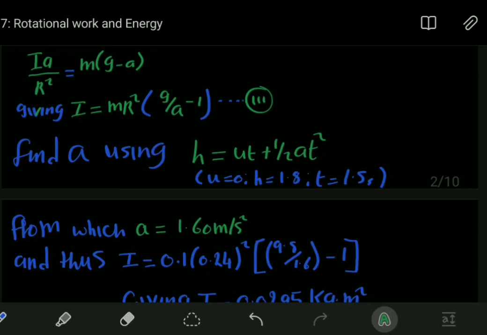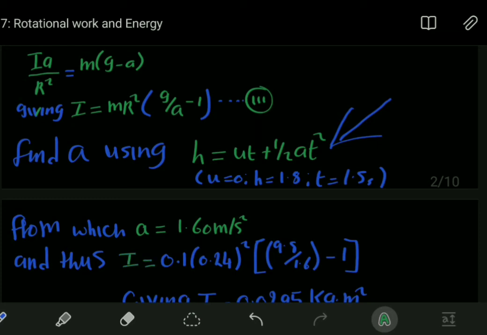So you find the acceleration using this equation here. If you solve for a, you're going to find a as 1.6 meters per square second, and from there you substitute the value of a, and you also substitute all the other values which are given in the question, and then you're going to find the moment of inertia.